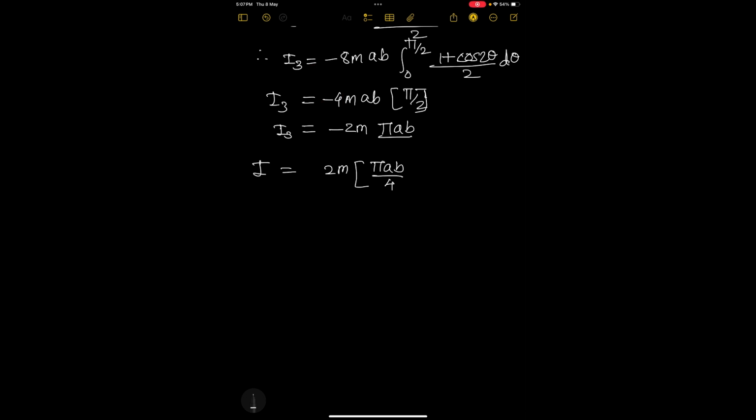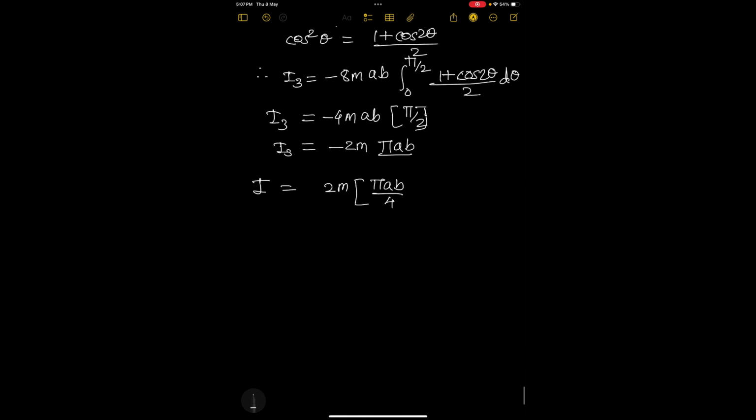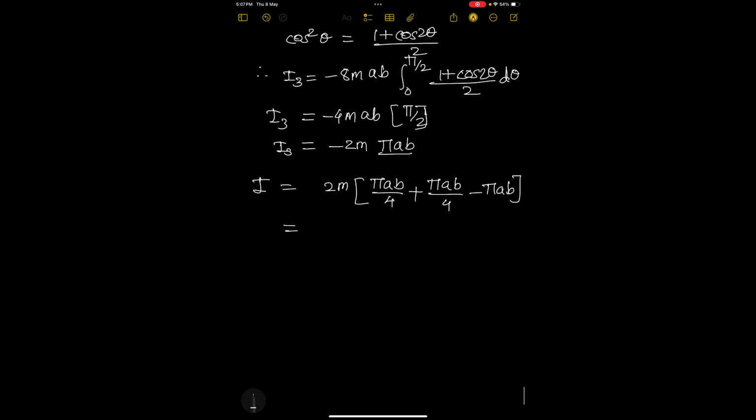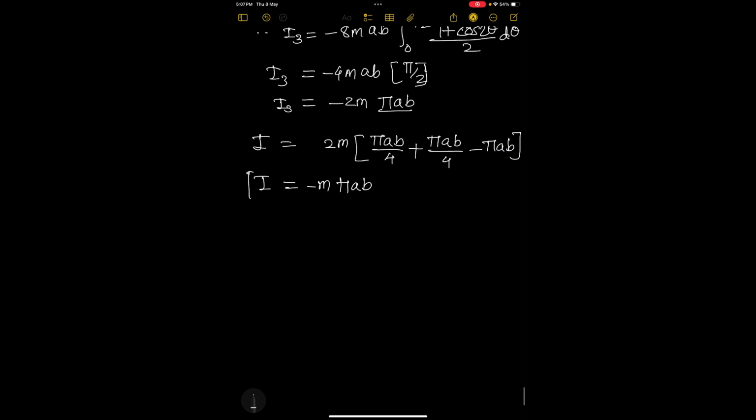I2 is equal to 2m pi ab by 4 plus pi ab by 4 minus pi ab, which gives minus m. This is half minus half, to 1 pi ab.